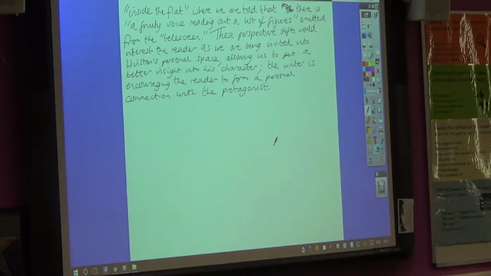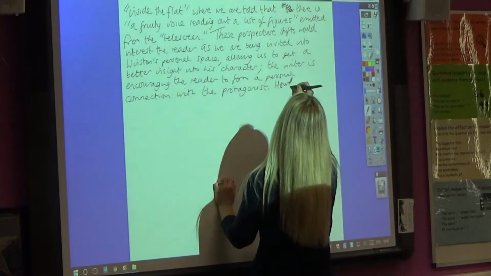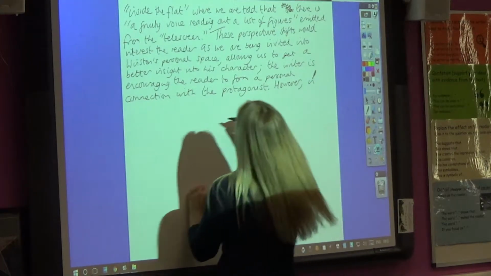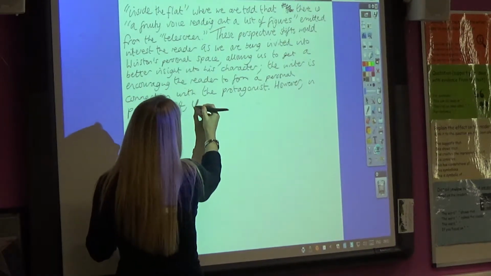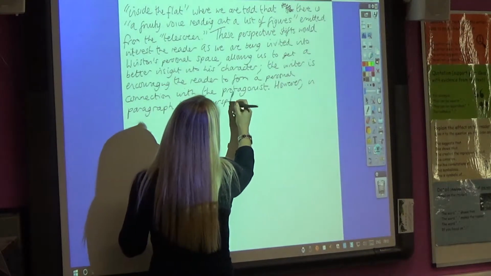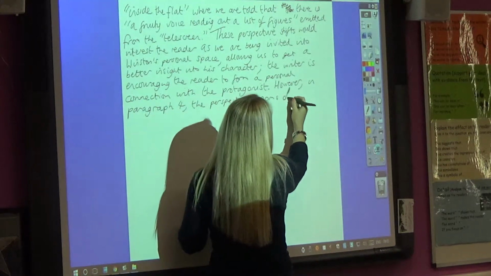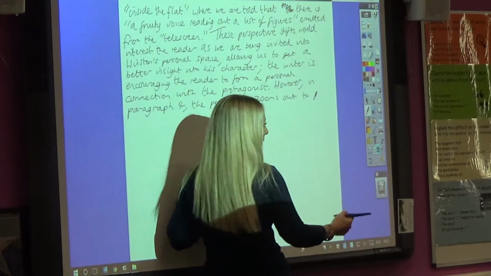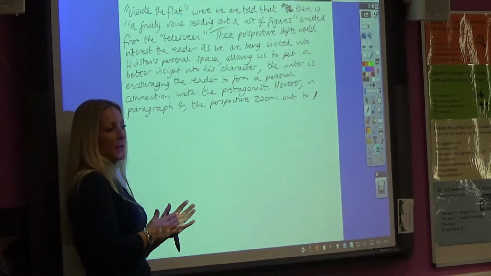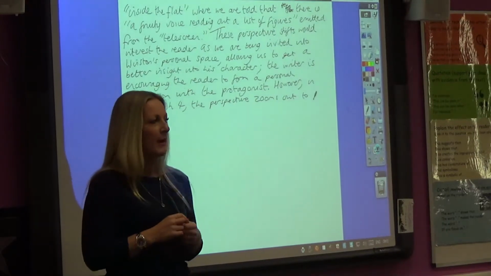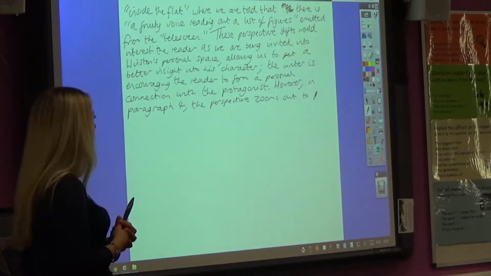It goes back outside, okay? So, however, in paragraph 4, the perspective zooms out to, now I need to embed a quotation again. So again, is there anyone who can find me a quotation from paragraph 4, the last paragraph, that supports that we've gone back outside, another place shift?